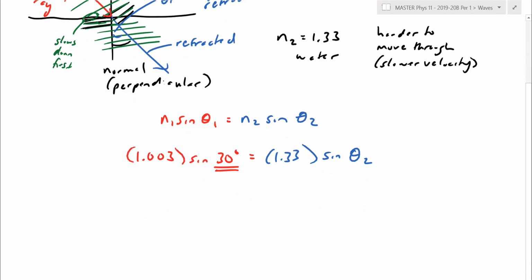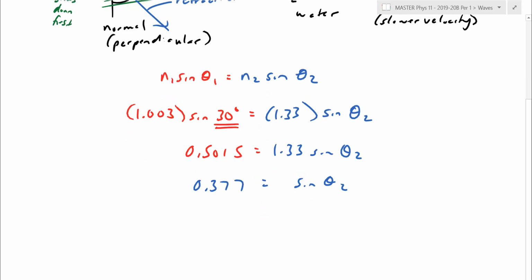Make sure you are in degree mode again. 1.003, let's multiply it by sine of 30. This gives me some random decimal, 0.5015. That's equal to 1.33 sine of theta 2. Do some algebra here, divide the 1.33 over. I probably wouldn't show that middle step there, so, 0.377.